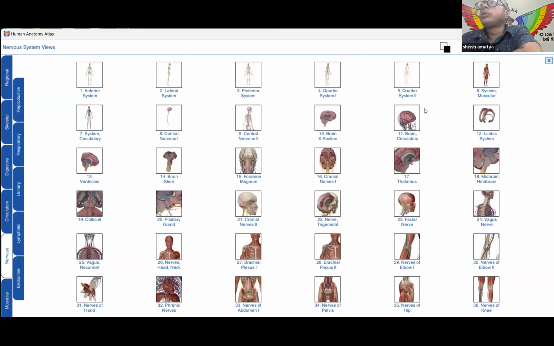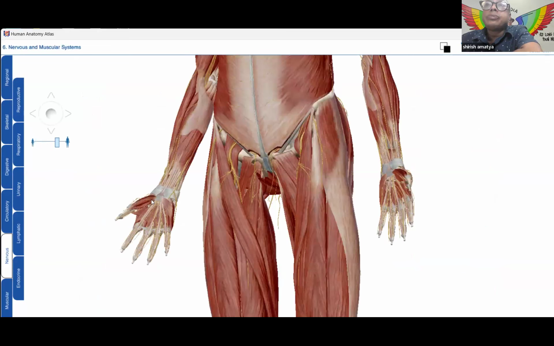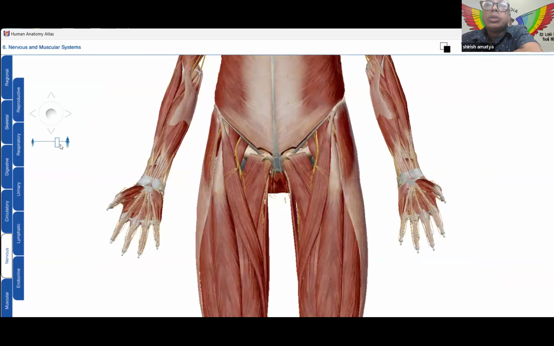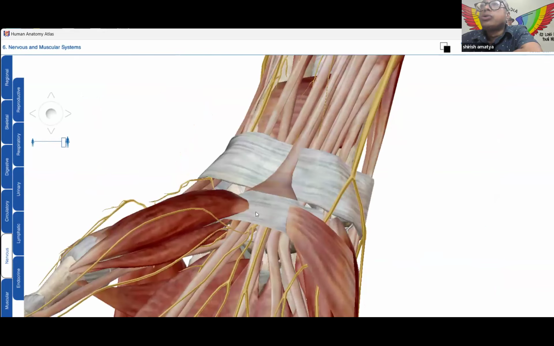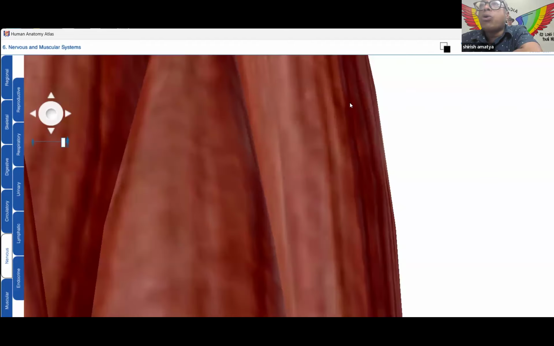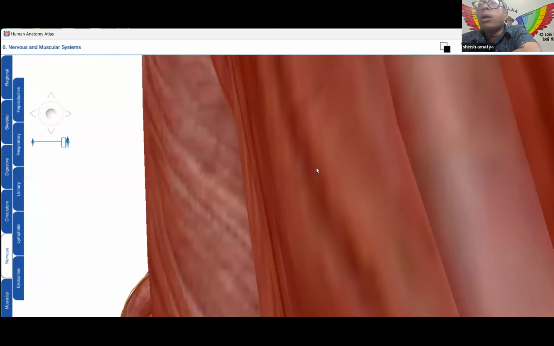So in the palmar aspect, you can see that in the dorsal aspect all the tendons were going below the extensor retinaculum, then going to the hand. But in the palmar aspect, it is not so.